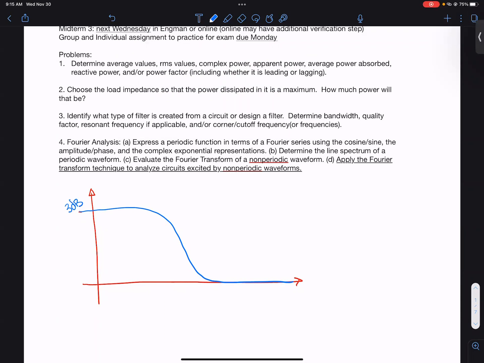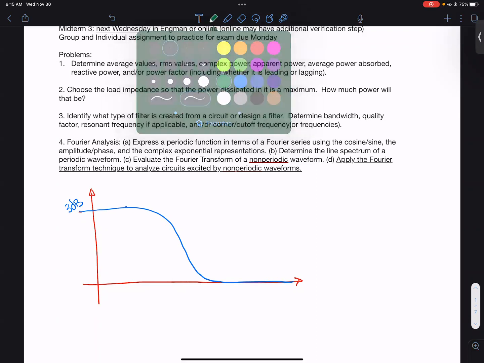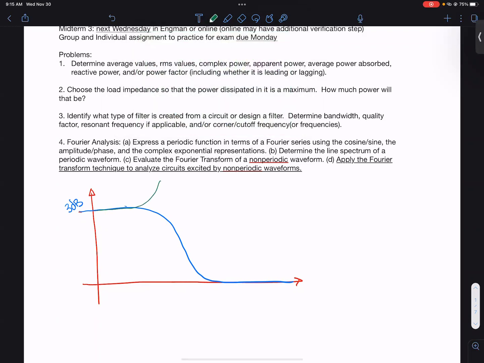Like the actual, we have the ideal, like a high quality.